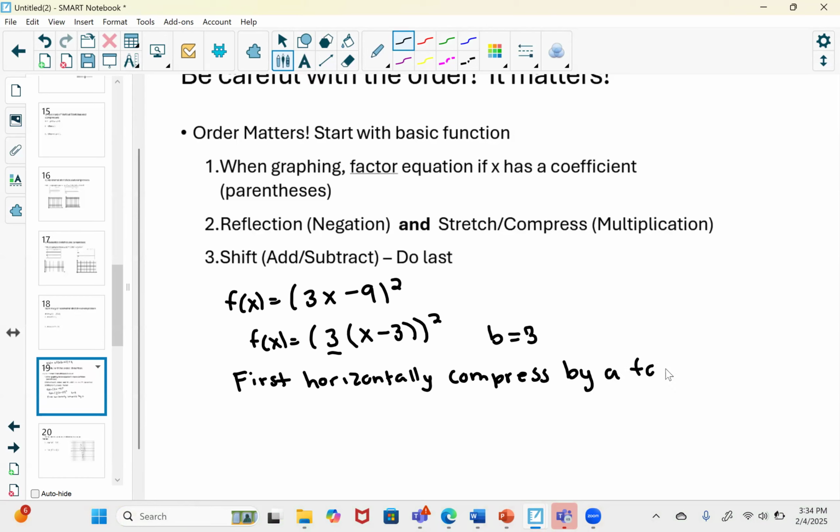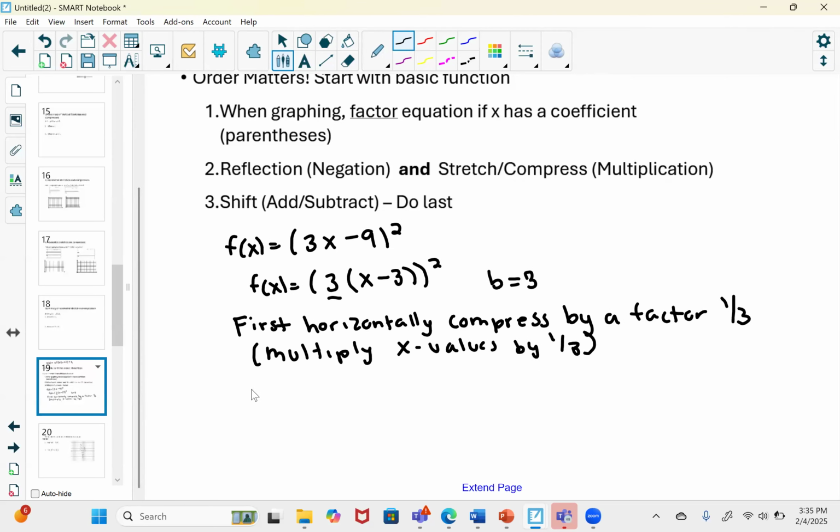by a factor. Remember, it's always 1 over B, so by 1/3. Okay, and what that means is we would multiply the X values by 1/3. And then second, and in this case last, we would shift by our H, which is 3, and since it's minus, it's right, shift 3 units right, horizontal shift 3 units right.